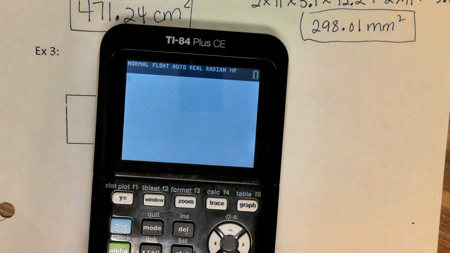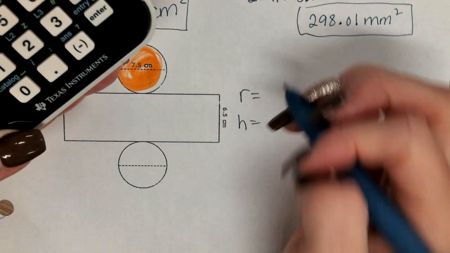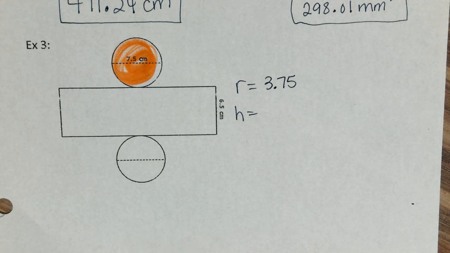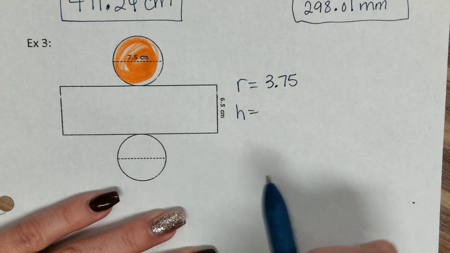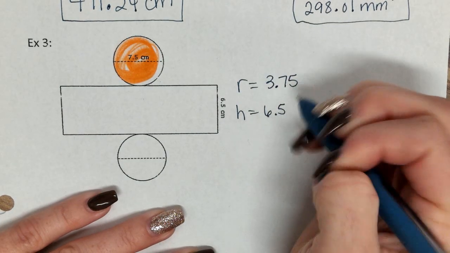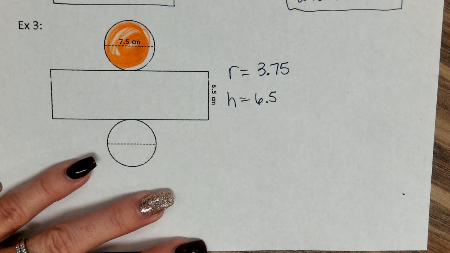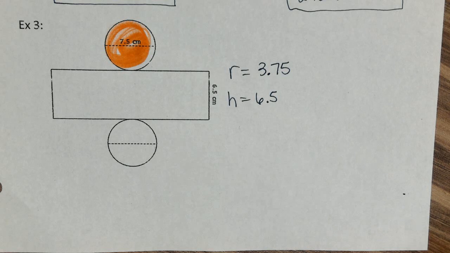So 7.5 divided by 2 is 3.75. The height is the other number that doesn't come from the circle. So where's the height? 6.5. Okay, I want you guys to go set this up on your own while I pass out the assignment, and I want you to set it up and solve it, and then we're going to check your answer.